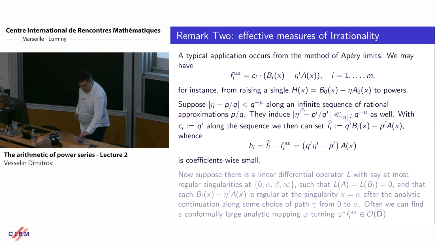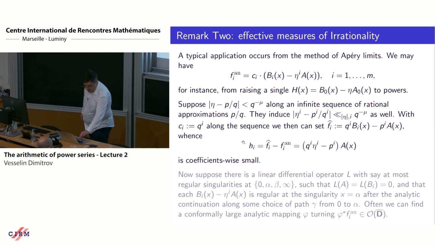There is a cost to pay for raising to powers because the denominators go to q to the m, but we have on the nose the following approximations on the powers, and then with ci equals q to the i, we apply the previous situation to the following power series. I said integer coefficients. We could have denominators in the variant, for example, for logarithms as the upper limit.